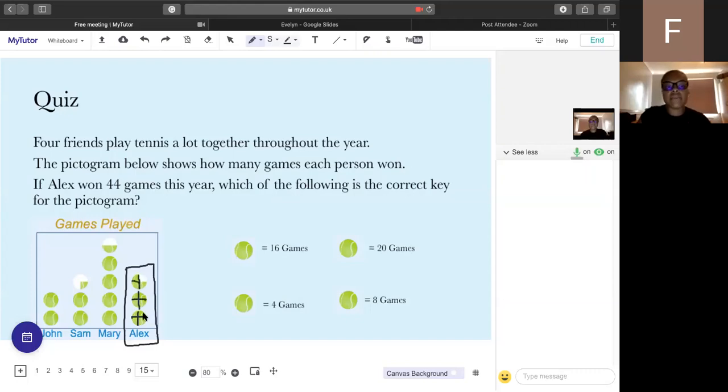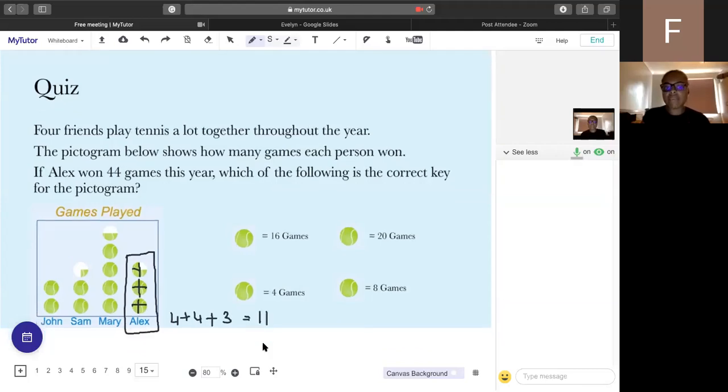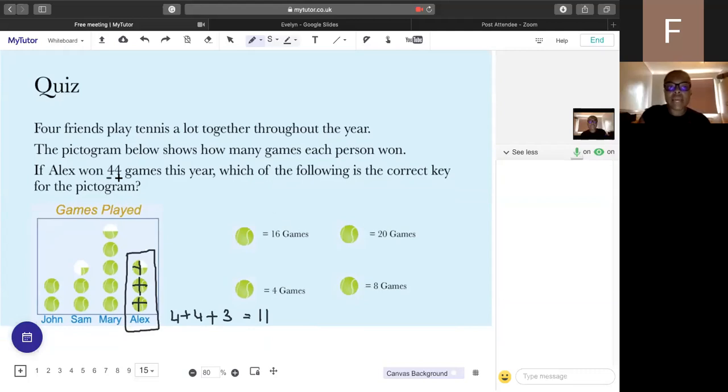We have 4 quarters in the first ball, 4 quarters in the second ball, and 3 quarters in the third one. So when we add these together, we get 11. So there's 11 quarters. If the number of games he won is 44 games, then 11 quarters equals 44, which means that one quarter of the tennis ball equals 4 games.